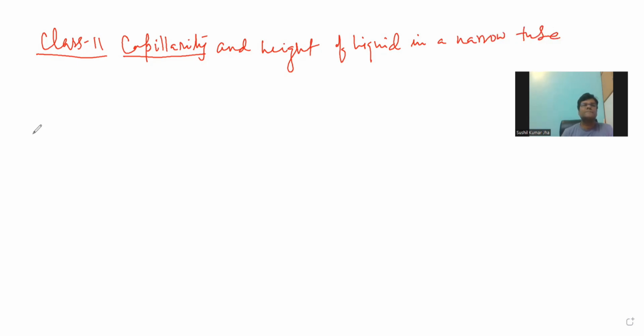So capillarity basically means the phenomenon of rise and fall of liquid in a narrow tube of uniform cross section is called capillarity.